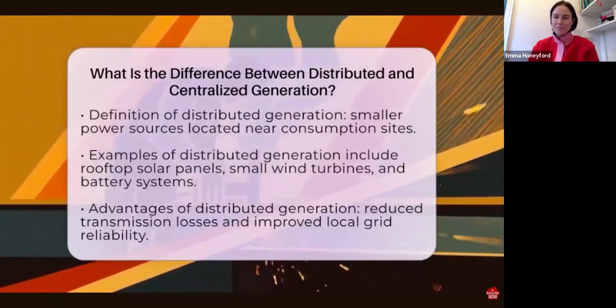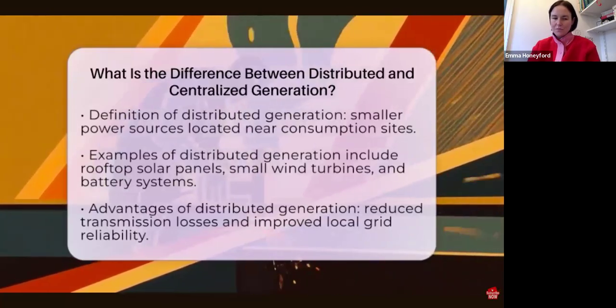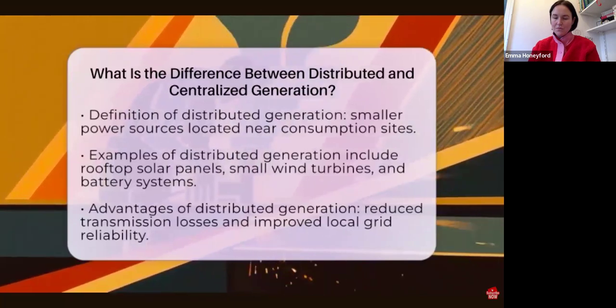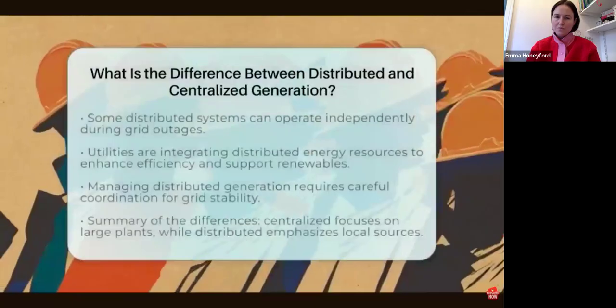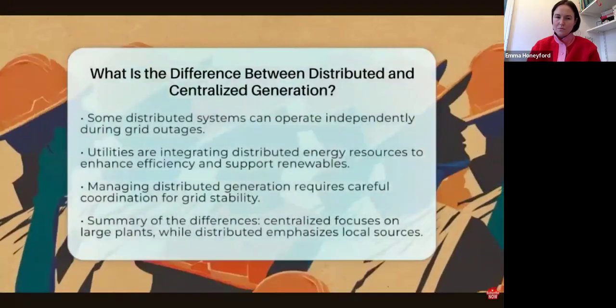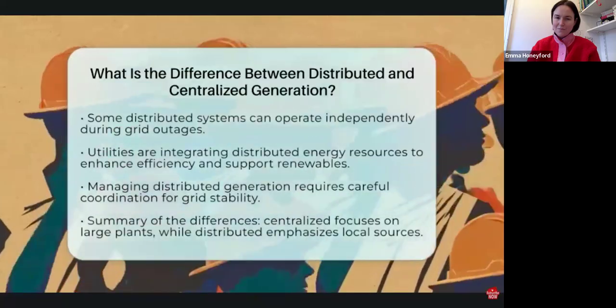Utilities are increasingly integrating distributed energy resources to improve energy efficiency and support renewable energy use. However, managing these smaller systems can be more complex, requiring careful coordination to maintain grid stability.